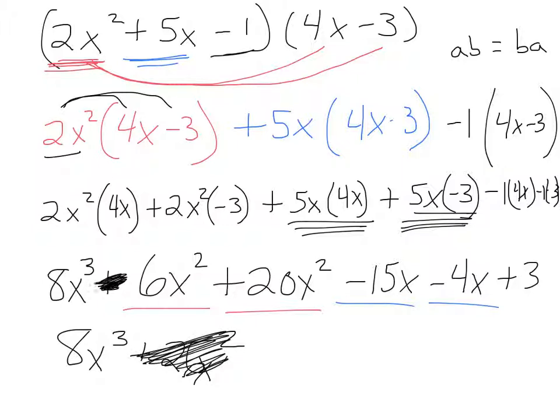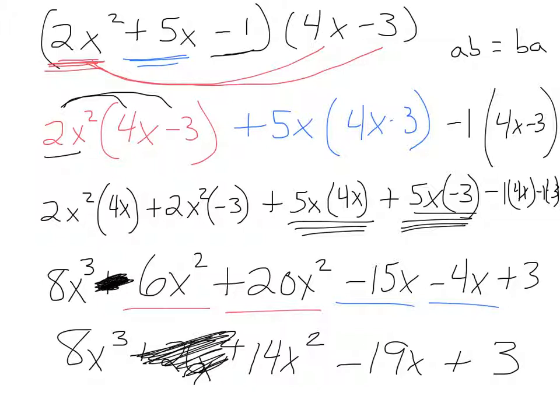This is a negative sign. Remember that beautiful negative that we put. This is a 14x squared, and it's positive. And you've got -19x and 3.